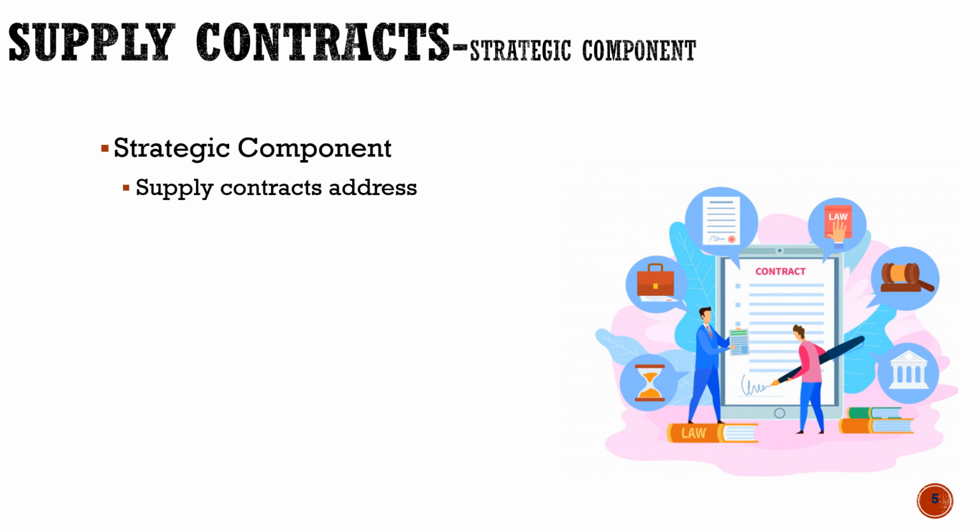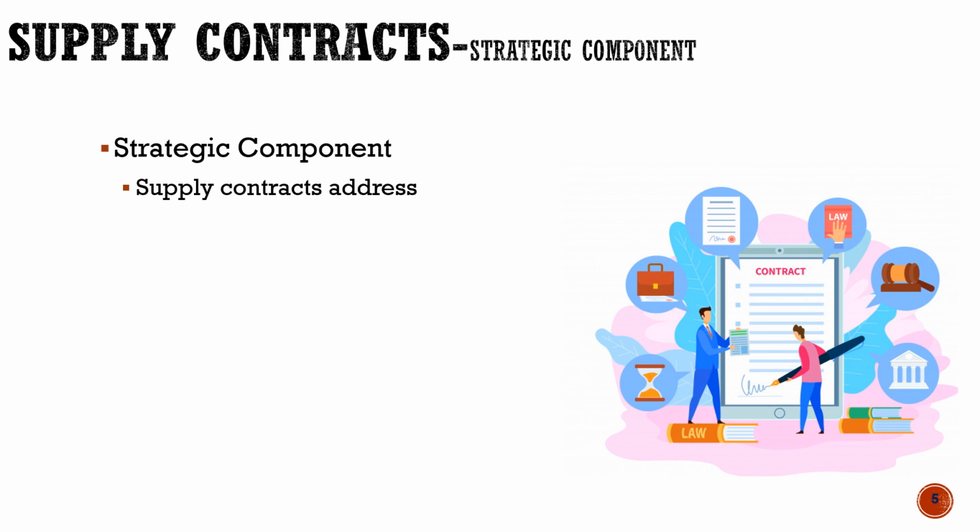Talking about strategic components, an effective procurement strategy requires the development of relationships with suppliers. This relationship can take many forms. It can be formal or informal to ensure adequate supplies in a timely manner.